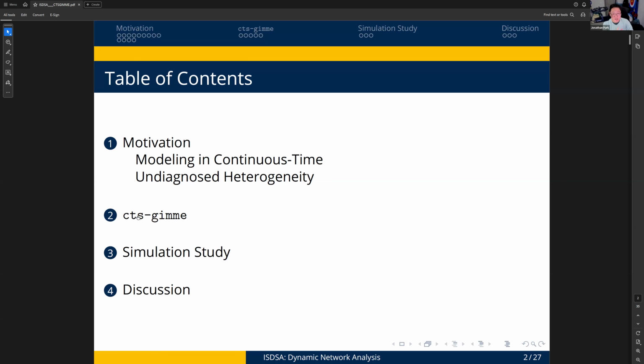Then I'll talk about continuous time GIMME, a little bit of the technical aspects, and then show you some preliminary simulation work that we've been doing, particularly related to this idea of finding heterogeneous subgroups in samples of multivariate time series.